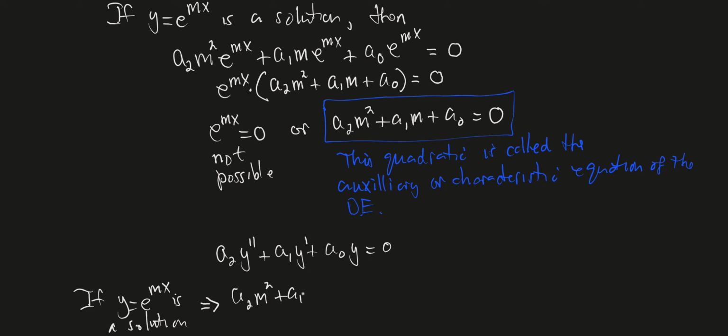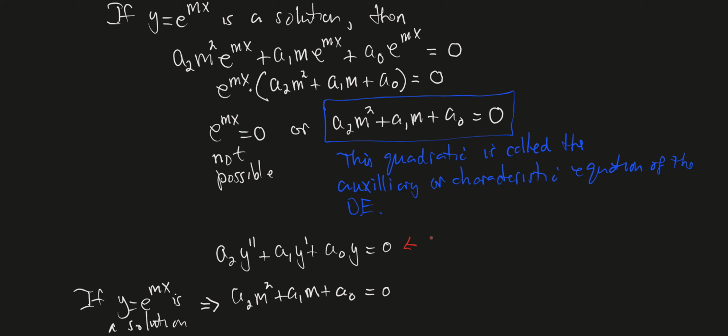Why is it called auxiliary? Well, something that's auxiliary is helping, something supplementary to a bigger thing. In order to solve the differential equation, we have to solve this algebraic equation.